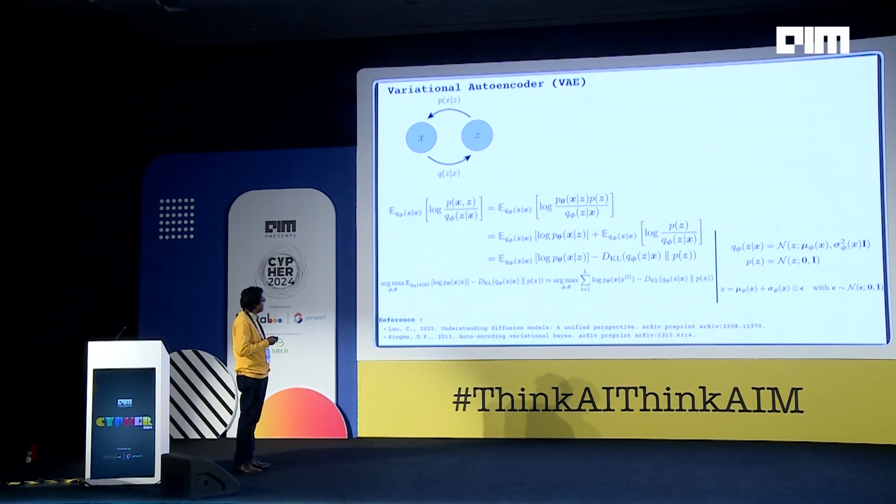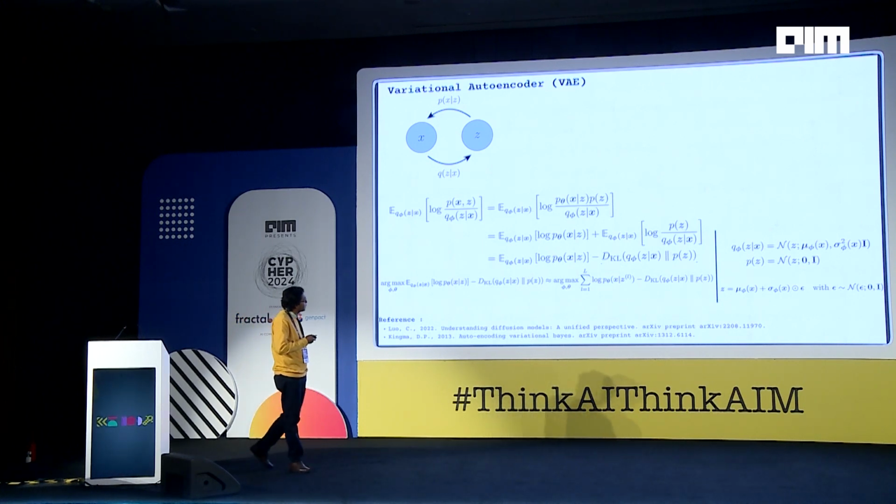I have this term, log p(x given z), and I have this term also, which is the KL divergence of this. Now, if I want to maximize this, this is my ELBO, remember? So I want to maximize this, and I want to minimize this, correct? I can minimize this, which is basically the p(z), whatever I do not know what it is, against q_phi(z given x).